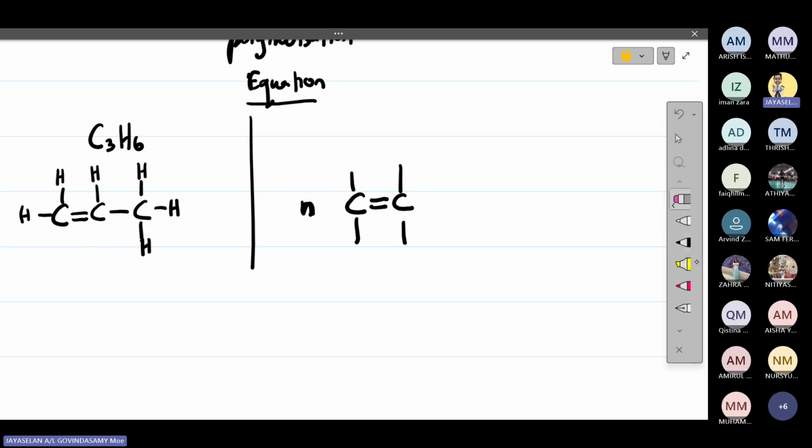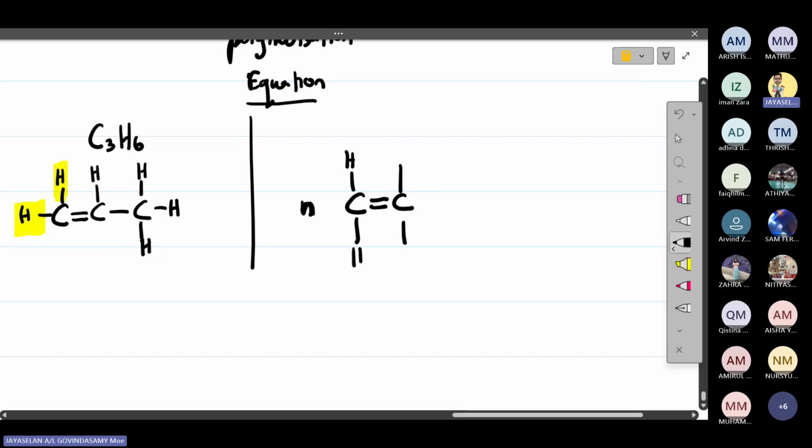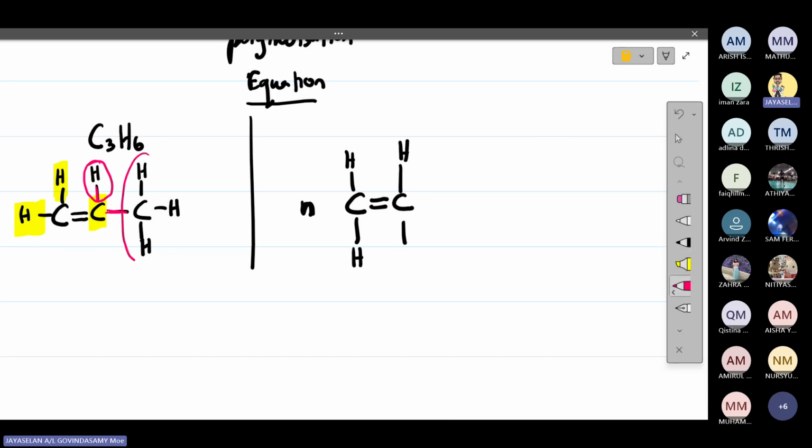Now this H I put at the top, this one I bring down. Now I check this C. This C got one bonding, another bonding. So this H I put here. This whole thing I simplify as CH3.